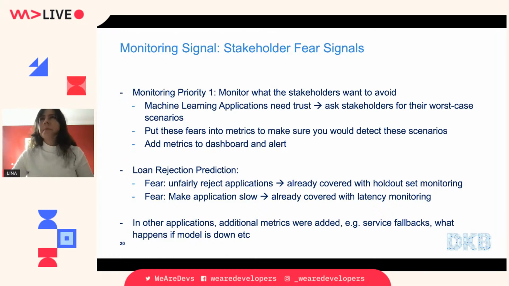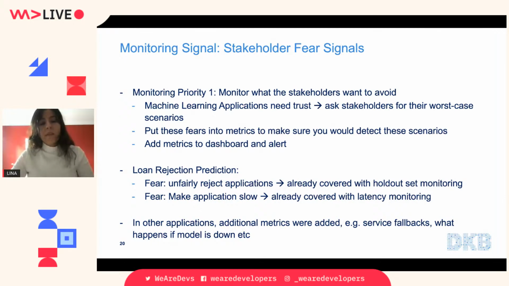And then they said, actually, I think maybe this machine learning model, it could be slow. Could it be slow? And well, since we are software engineers, we know it will not be slow, but the stakeholders don't know that. So we took their concern, and well, this is already covered with our typical latency monitoring, and we prove, well, it's in your speed requirements.